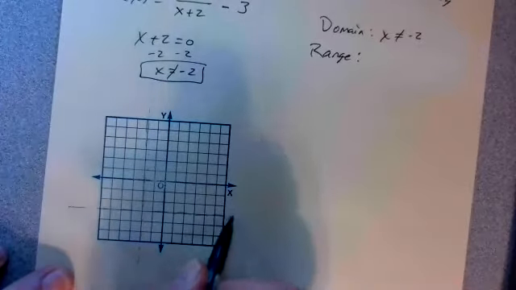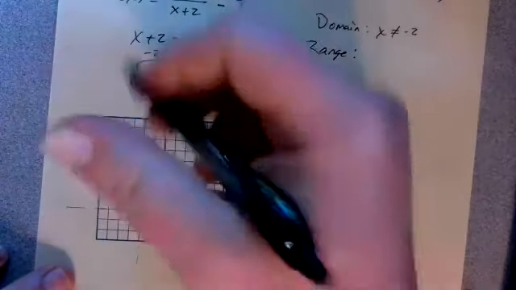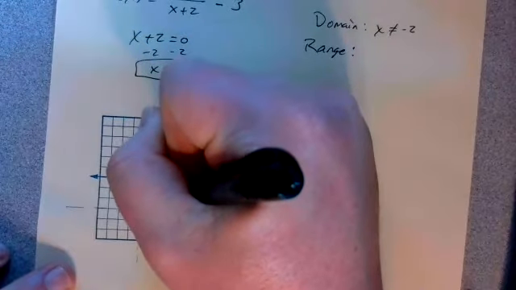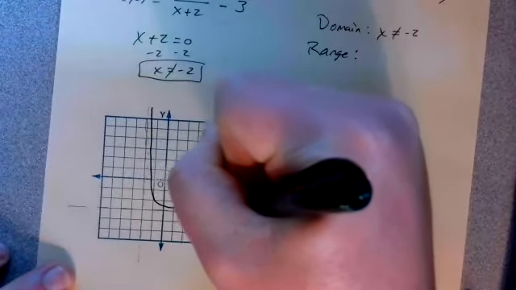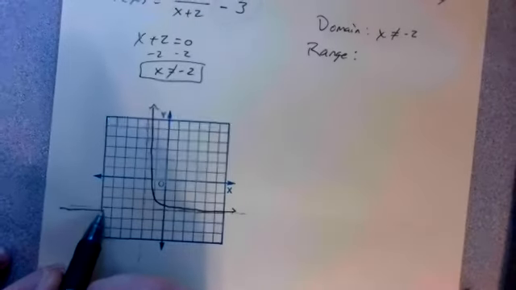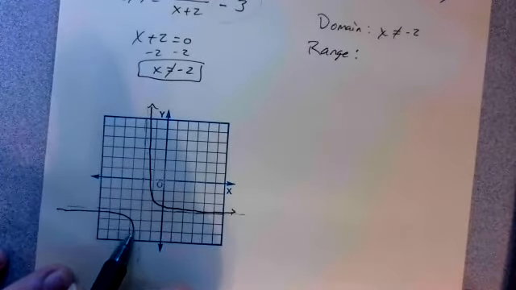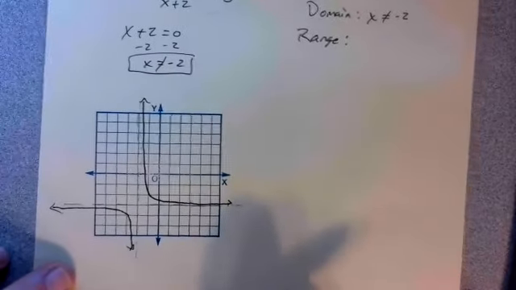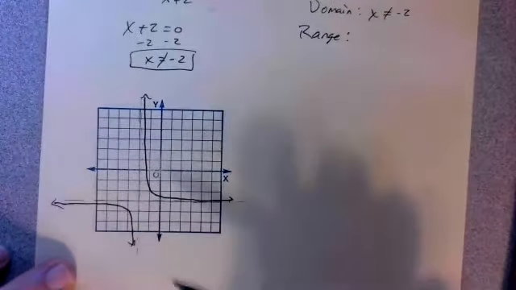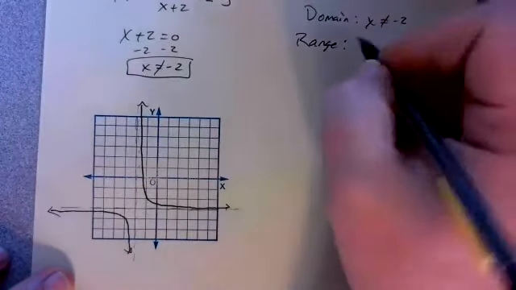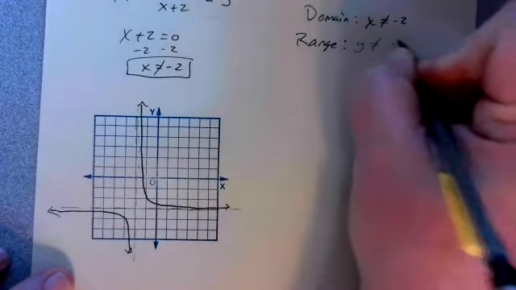We're going to have a horizontal asymptote here. So that graph comes really close to it, and goes that way. This one's going to come in really, really close to it, and then break down that way. Okay, so now we can see the range quite easily, right? The range, y cannot equal negative 3.